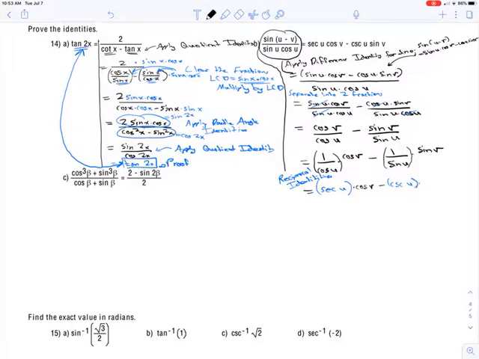And we've made our proof. Now we've got exactly what we want. So here it is in the end, what we have on the other side of the identity. We've matched it up. So we've made a proof for this identity. It matches up. Left side and right side identical.